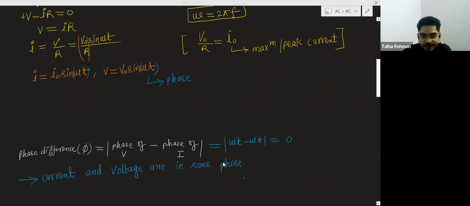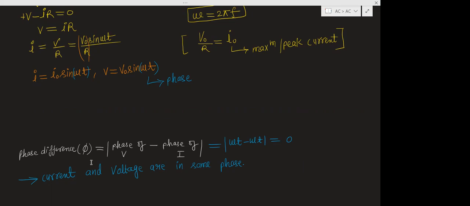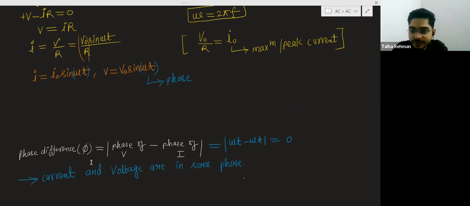To describe how the current is changing, how the voltage is changing, what the phase difference is, and how to interpret all these things, we draw a diagram known as the phasor diagram. Why do we draw the phasor diagram?